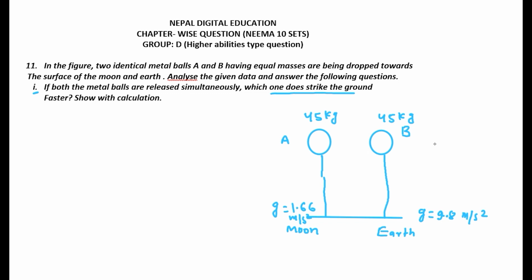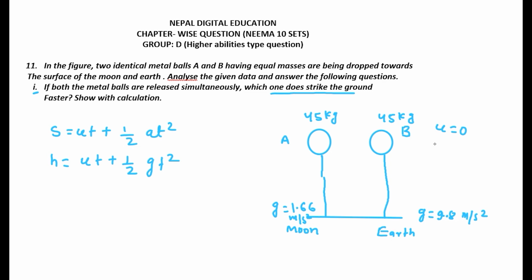So with calculation. In this case, what is the initial velocity? 0. We have the equation of motion, s equal to ut plus half at square. But in this case, the equation becomes s equal to ut plus half gt square.